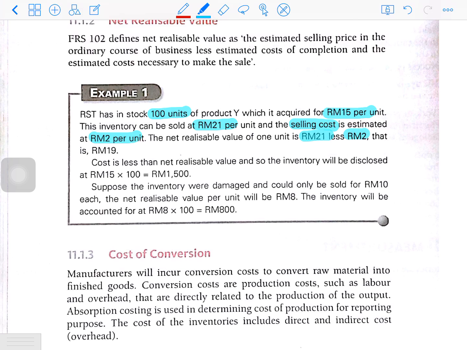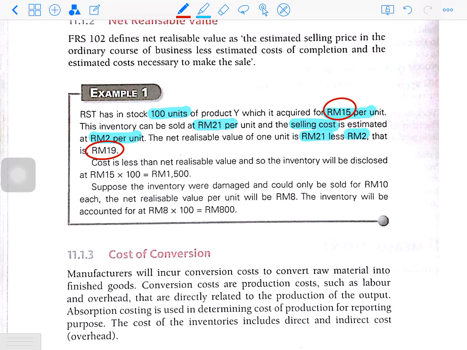So net realizable value here is 19. Cost is less than net realizable value. So the cost here is 15. Okay, net realizable value is 19.